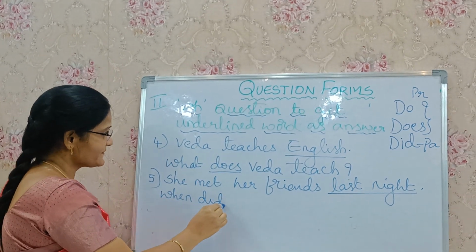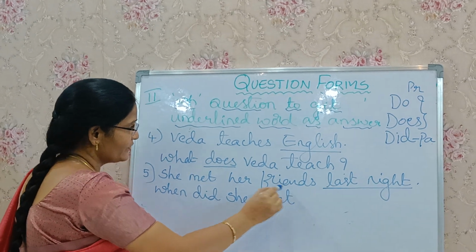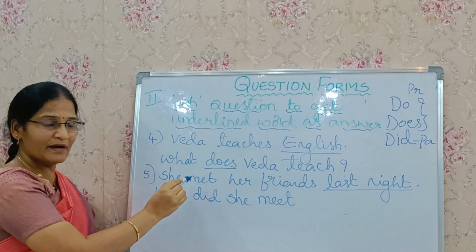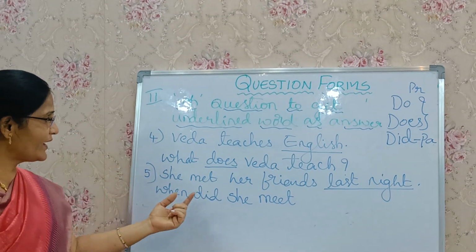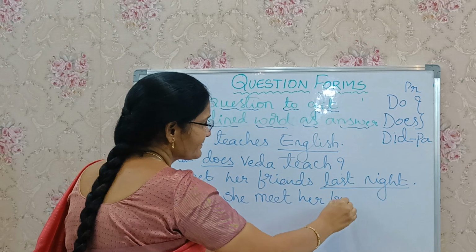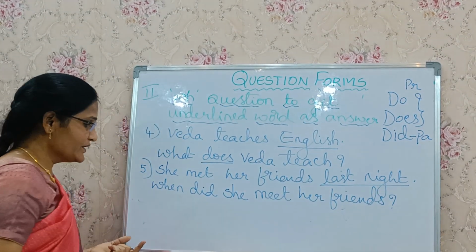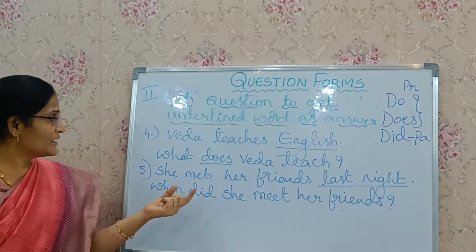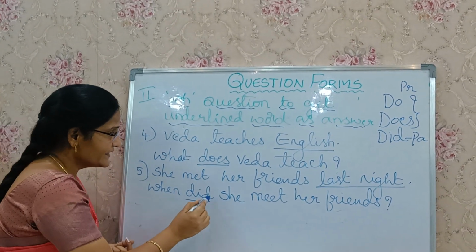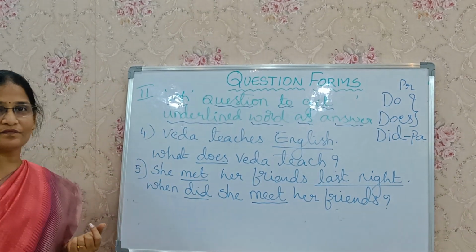So when did she meet? For the past of the word met, present is meet. When did she meet her friends? A question mark. So here it is did and meet for the verb met.